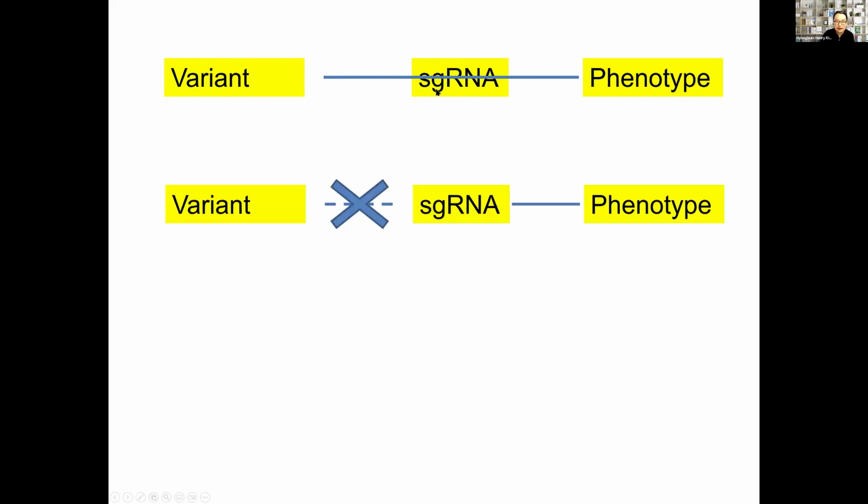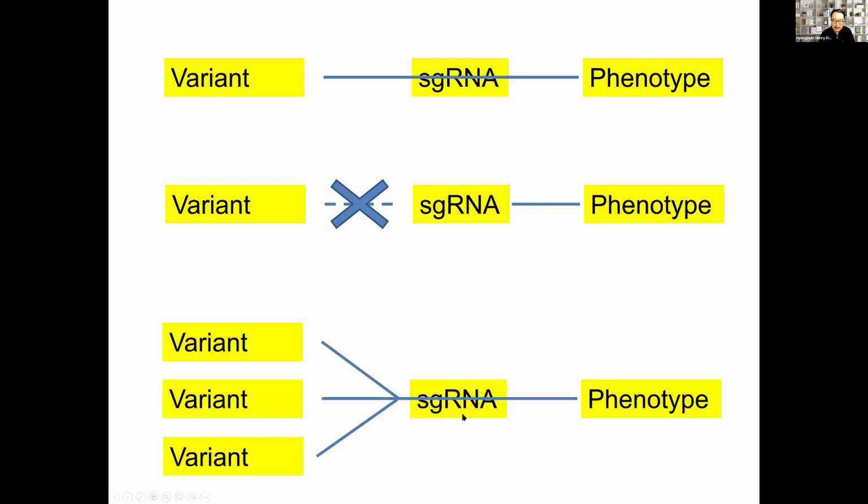However, if the sgRNA cannot induce high base editing, then the variant cannot be linked to the phenotype. If we link them, this becomes a false negative.